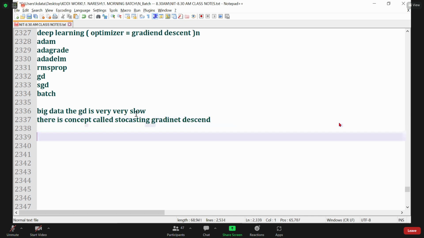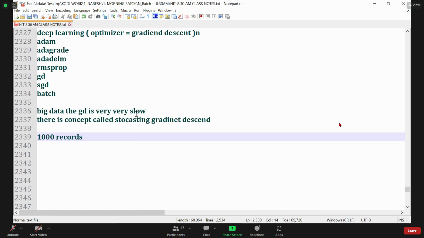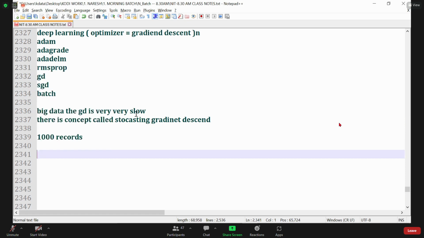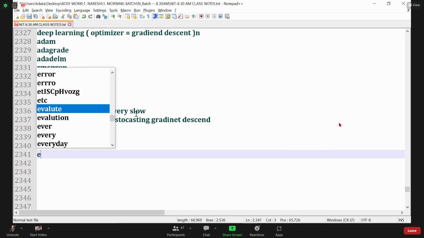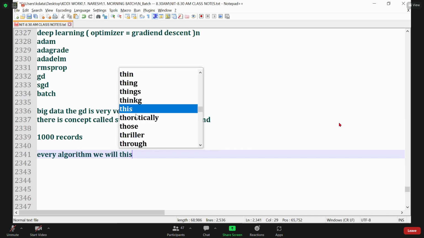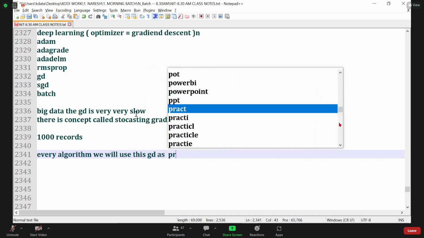Assume you have 1,000 records. See, guys, today the concept which I am teaching is called gradient descent. We don't have any specific practical for it, but in every algorithm we will use this gradient descent as a parameter.